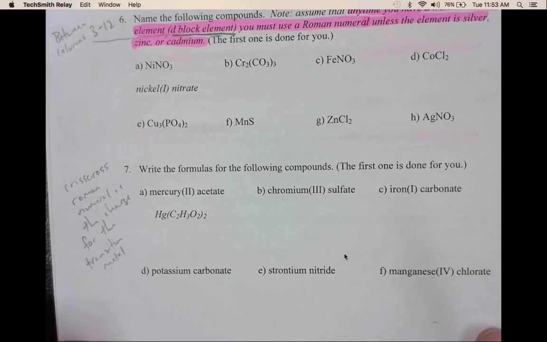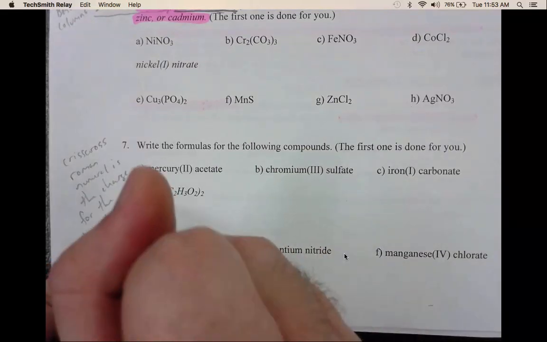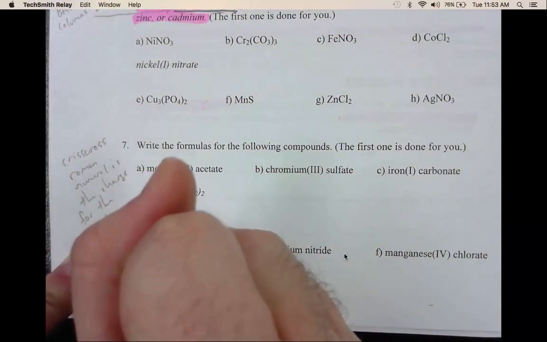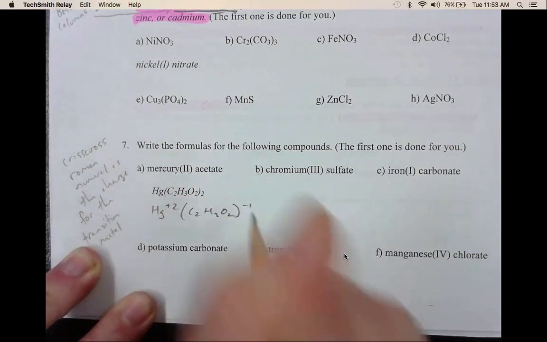Question 7. Question 7 is now writing the formulas for the following compounds. Remember that the Roman numerals stand for the charge of the transition metal. The first one was done for us: mercury 2 acetate. We can quickly look at this because acetate, CH3O2, has a -1 charge.